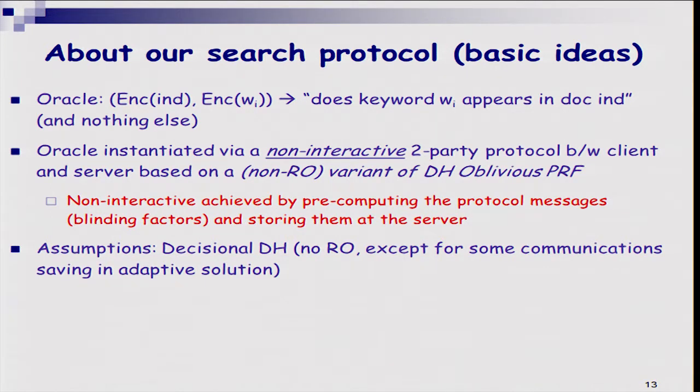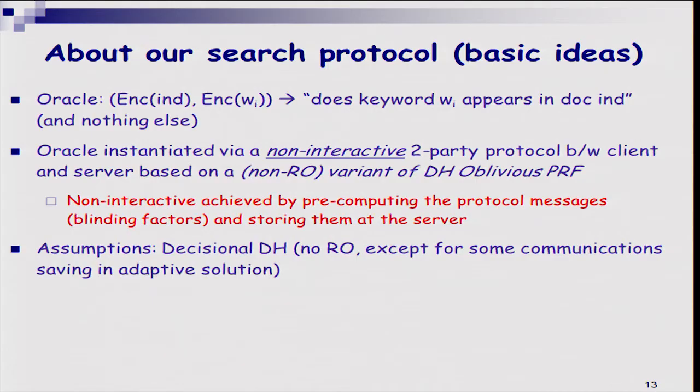The proof uses decisional Diffie-Hellman, no random oracles, which is surprising for something practical at this level. But that's kind of cheating, because we do use random oracle in our implementation just because it reduces some communication in order to withstand adaptive attackers. For non-adaptive, we don't even need that. But the basic protocol really doesn't need the random oracle.